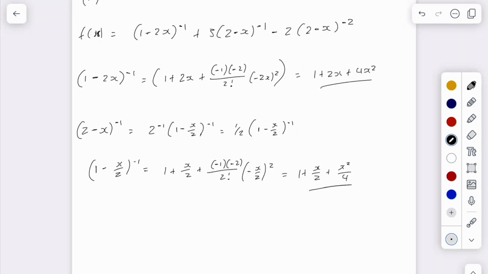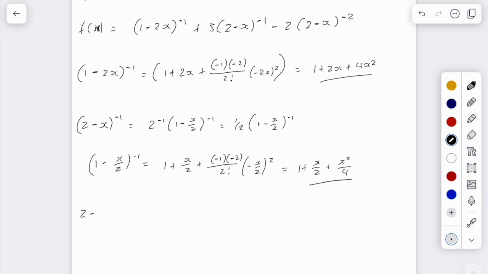Okay. Then we've got 2 minus x to the power minus 2 is equal to 2 to the power negative 2 times 1 minus x over 2 to the power minus 2. Okay. Now what does that give us? Well, what that gives us is 1 over 4.